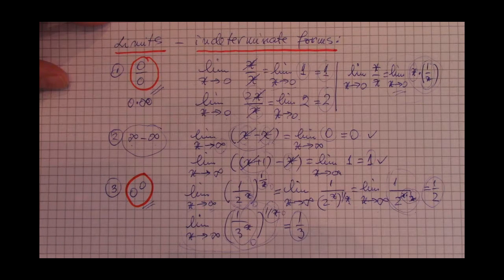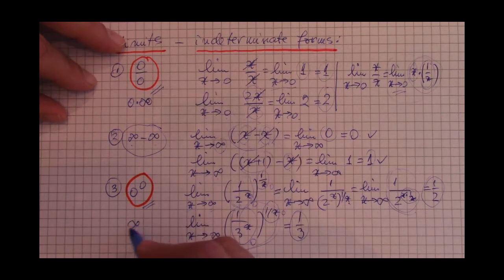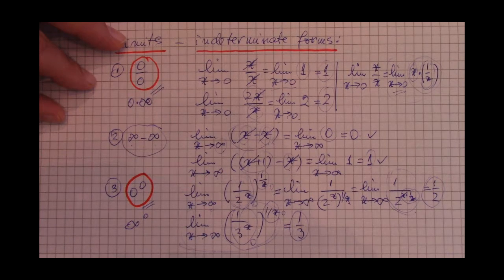Based off of these examples, maybe I'll let the viewers see why infinity to the power of 0 is not determined. Actually, that's a very simple example. If you look at this denominator here, when x approaches infinity, this is exactly something of the type infinity, which would be 2 to the power of x to the power of 0.